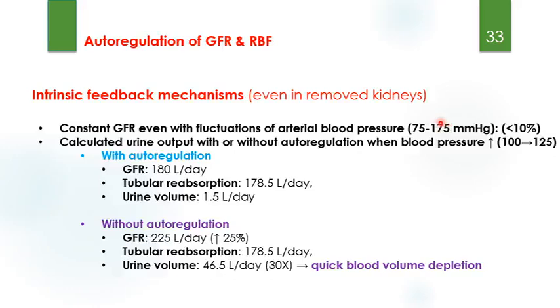And it is important for maintaining normal urine output and also maintaining the volume of extracellular fluid. Because at lower blood pressures, fluid would accumulate inside the body because of lower urine output, and we would experience hypervolemia and hypertension. Or with higher blood pressures, we would experience high urine output and finally hypotension and hypovolemia if the autoregulatory mechanism were not present.